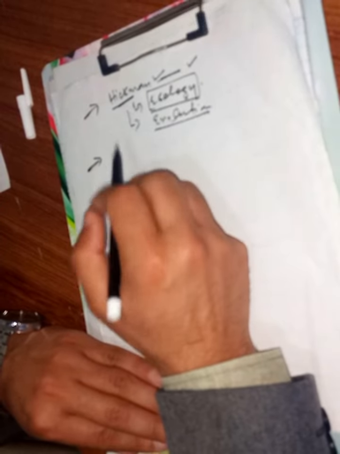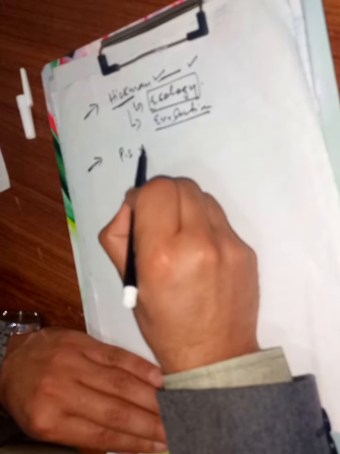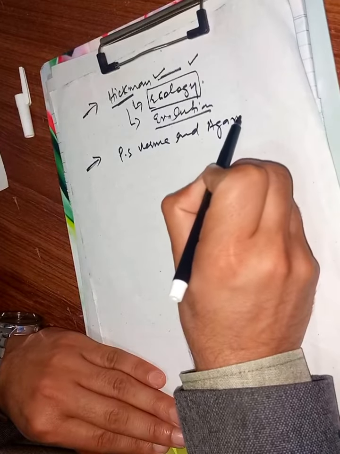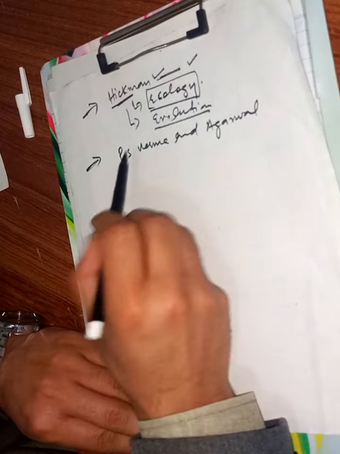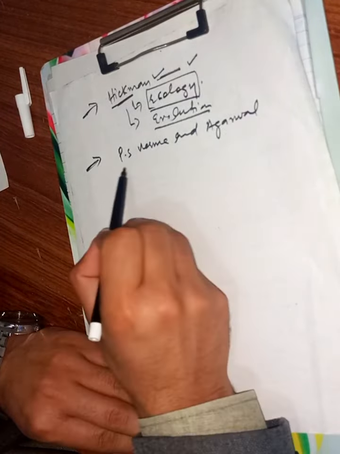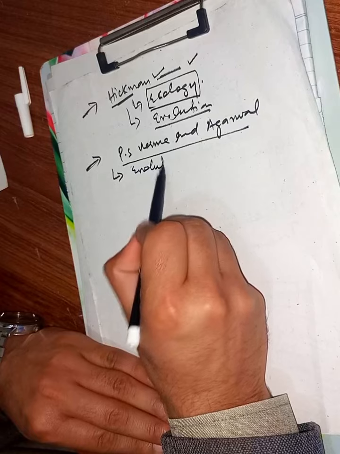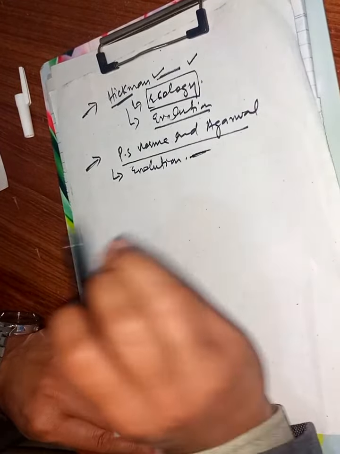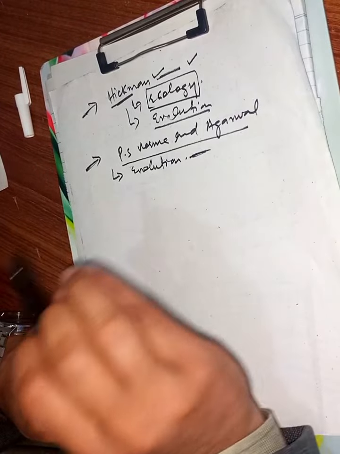The second book is P.S. Verma and Agarwal. P.S. Verma and Agarwal is again a very important read, and I found its evolution really unmatched and unparalleled. It was fantastic.